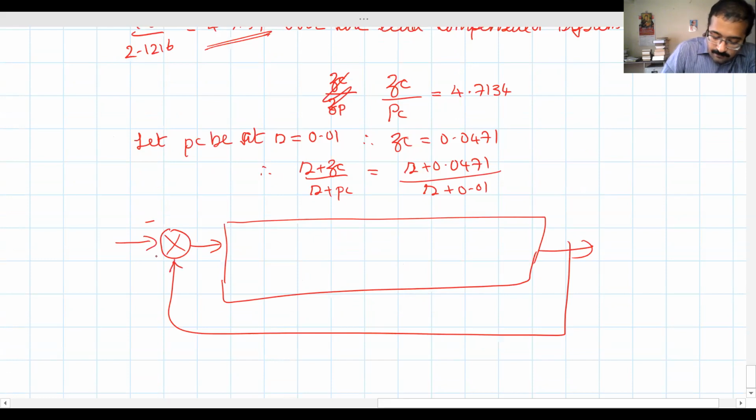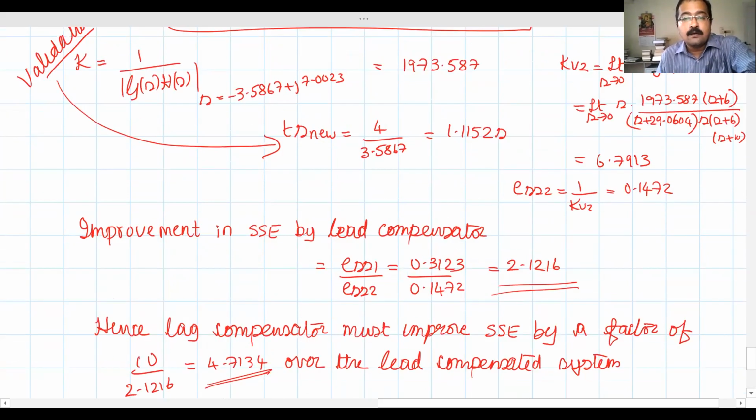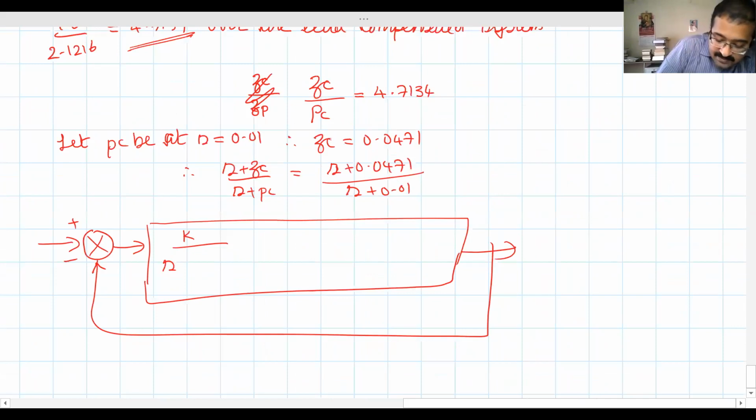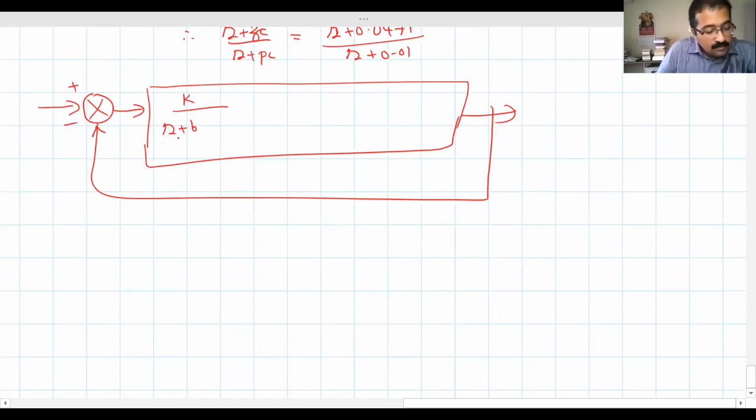What was the plant? Plant was K by S into S plus 6 into S plus 10. The S plus 6 will get cancelled because of the lead compensator zero. Okay, this is the given plant.